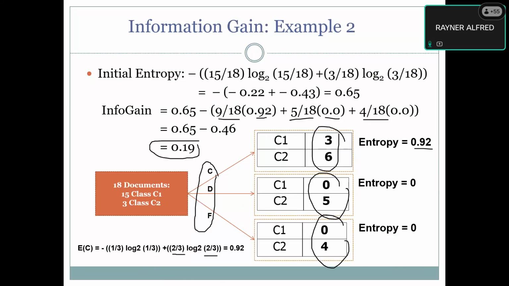So that's how we determine what keyword we should use to split them, and how many of them. We use information gain. The higher the information gain, the better the keyword performs in terms of partitioning them.